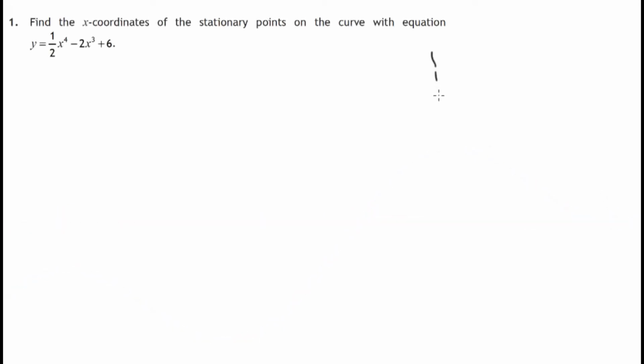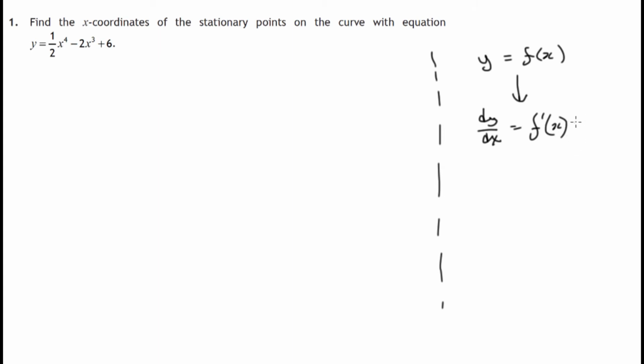So here's the plan then. We have our formula for the curve. Next step, we differentiate that. This then gives us the gradient formula. This is the gradient formula. This was the curve formula.